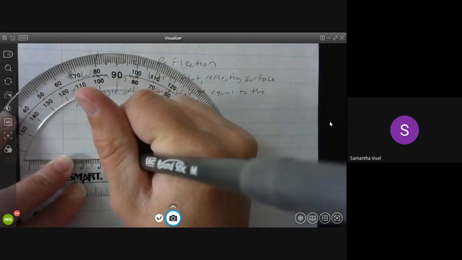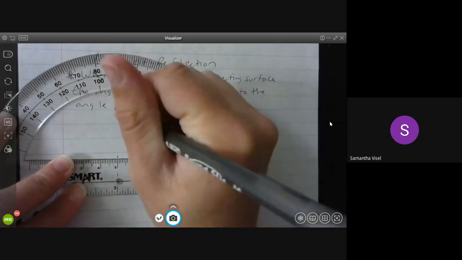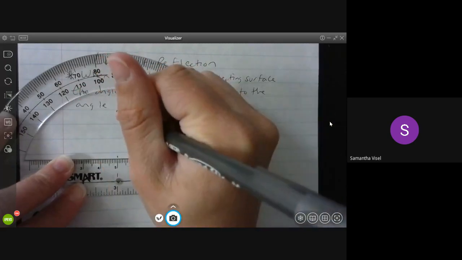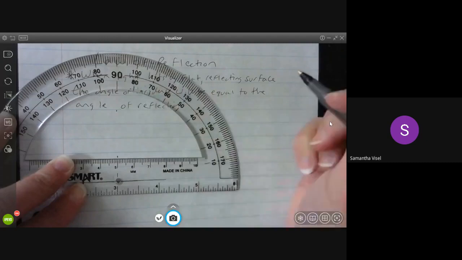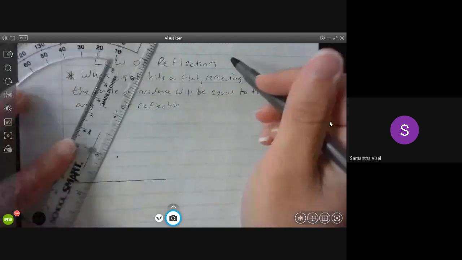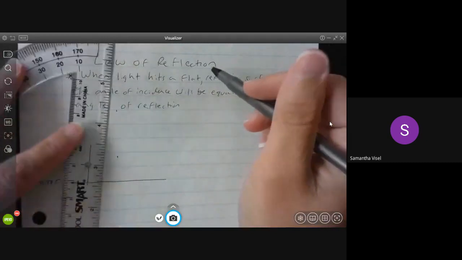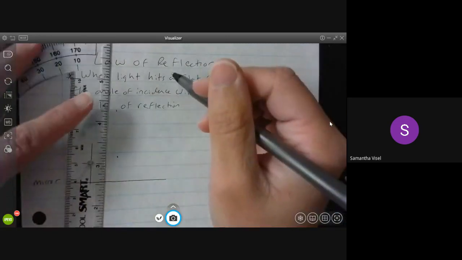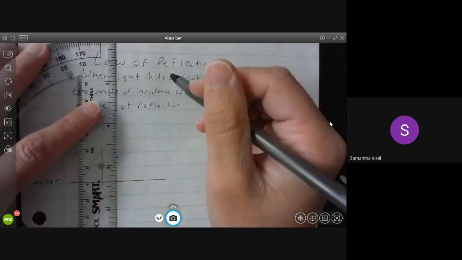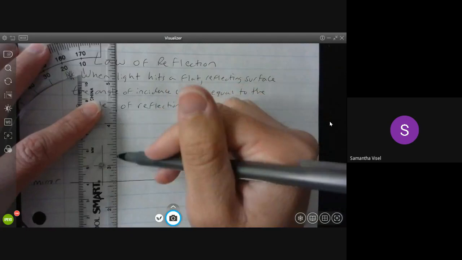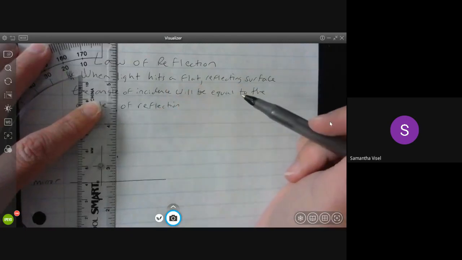So I can just draw a little dot here and maybe extend that down over here. And then this is actually a straight edge, so double nice. You can flip this around, line up those two dots with my mirror here.